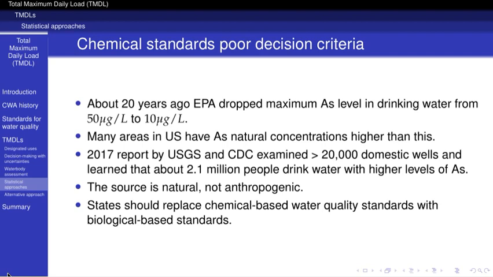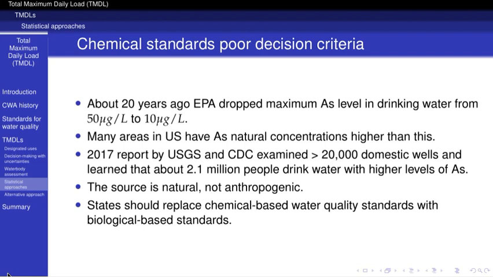According to a 2019 survey by the U.S. Geological Survey and the Centers for Disease Control, based on studies of more than 20,000 domestic wells across the country, about 2.1 million people drink water that is naturally much higher than 10 micrograms per liter in arsenic, and all from natural sources, not from industry.